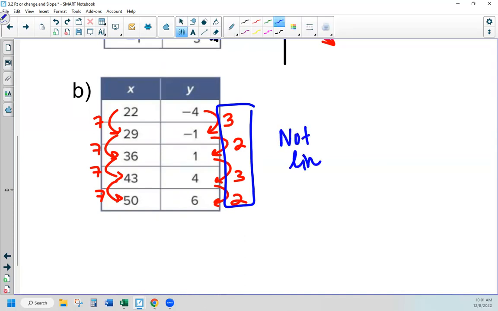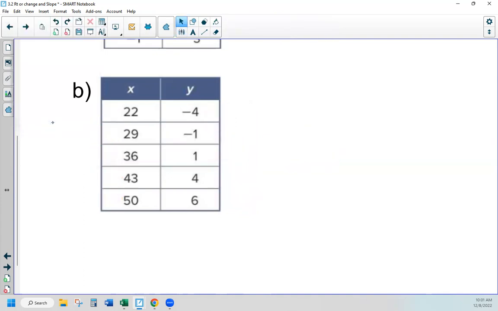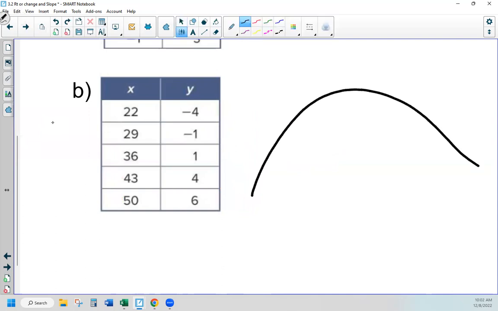Since it's not linear, we can't really determine a rate of change. It won't make sense to do a rate of change here or find a slope. Imagine that this looks like this, right? It's not linear. This is not linear. And we have 1, 2, 3, 4, 5. And rate of change is, we find it to kind of get an understanding how something is increasing and how something is decreasing.